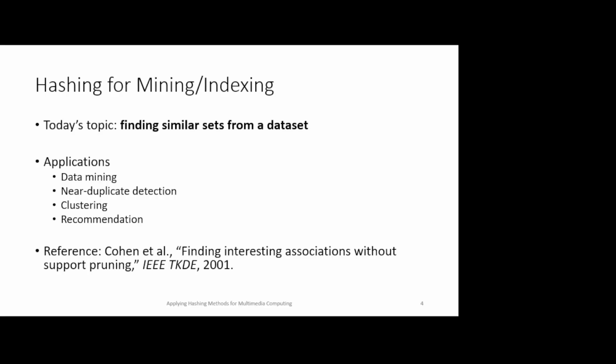Generating a hash code can help us find the similar set efficiently. And here I list a reference you can refer to. It's a 20 years old paper, but these ideas, this concept, are still useful. Finding interesting associations.